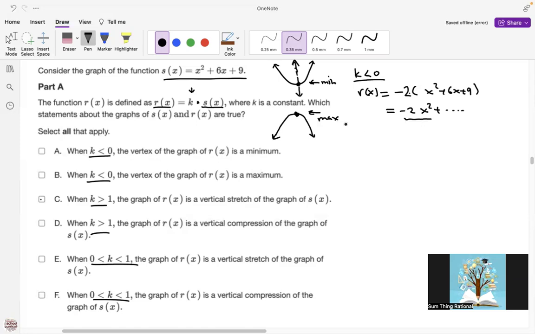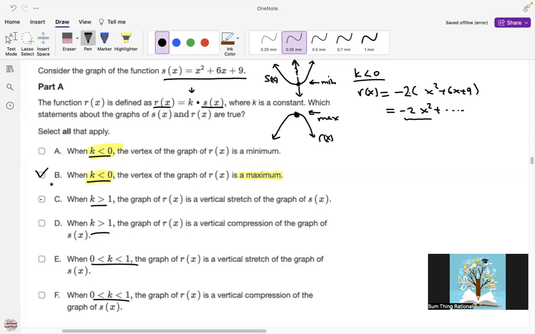But in this case, when we multiply our s of x function with negative k, we will have a maximum point. Why? Because the original graph is already facing upward. When we multiply with a negative, this new r of x will be facing downward. So we have a maximum. So option B will be the correct option, okay?